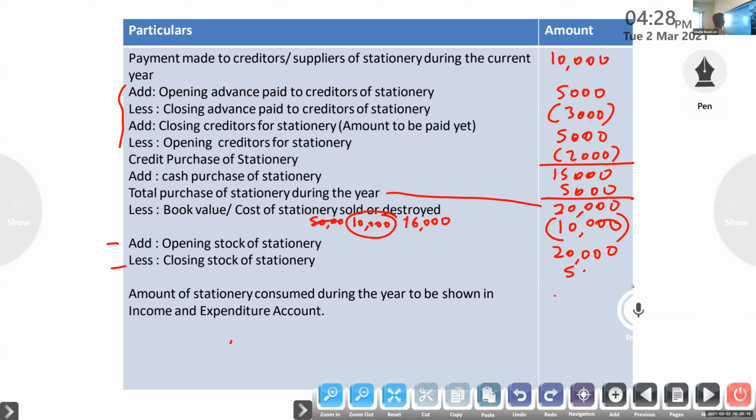That final amount will be the stationery consumed during the year. This amount only we will write in the income and expenditure account on the expenditure side. Stationery consumed.